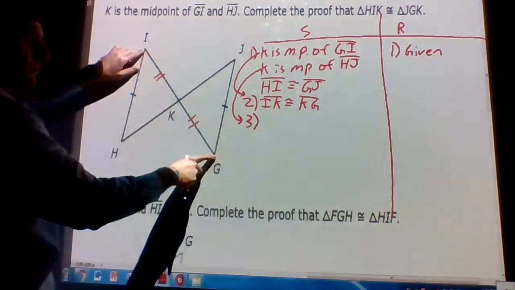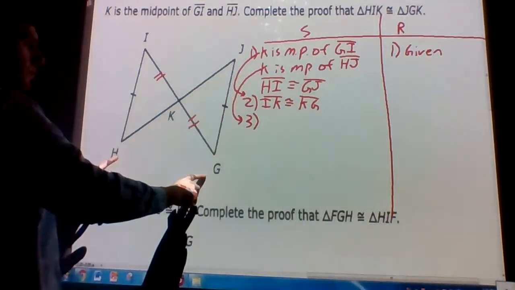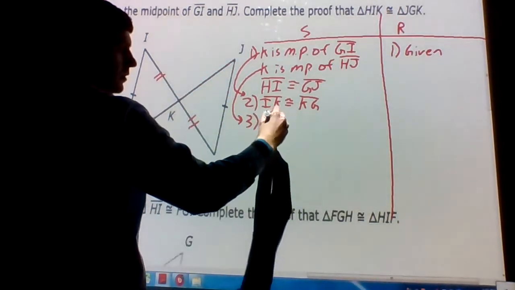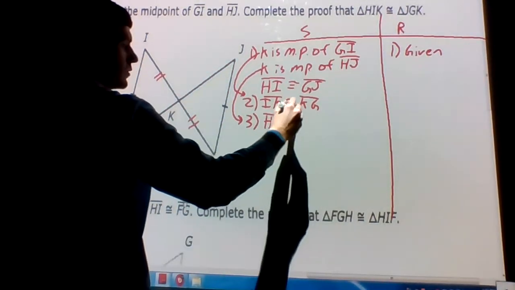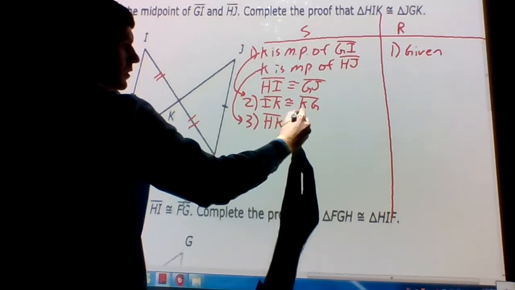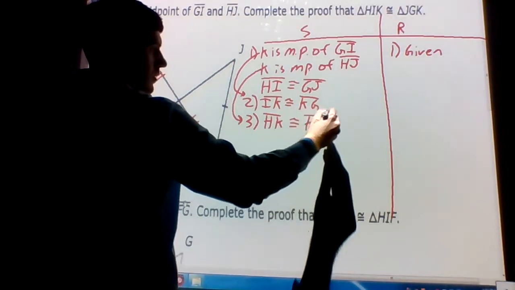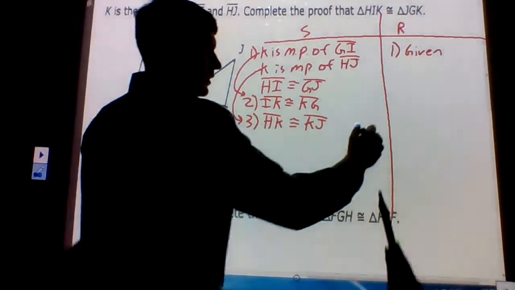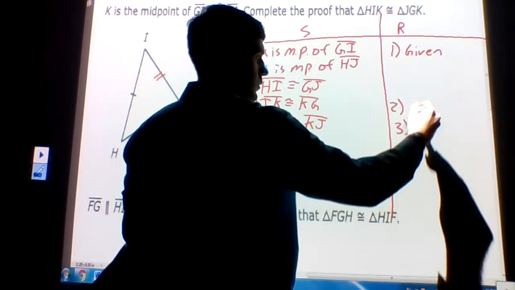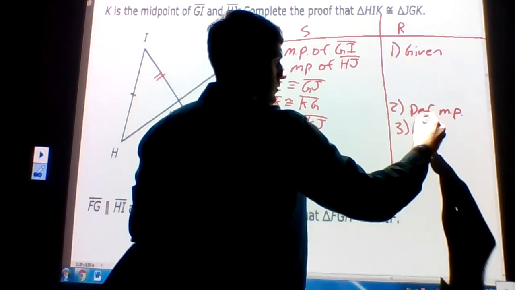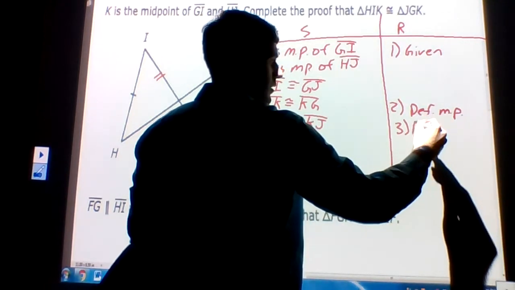I'm sorry, if K is the midpoint of HJ, then we know HK is congruent to KJ. Okay. And those would be definition of midpoint. So for 2 and 3, we'd have definition of midpoint. You could have done that in one step. Would have been fine.